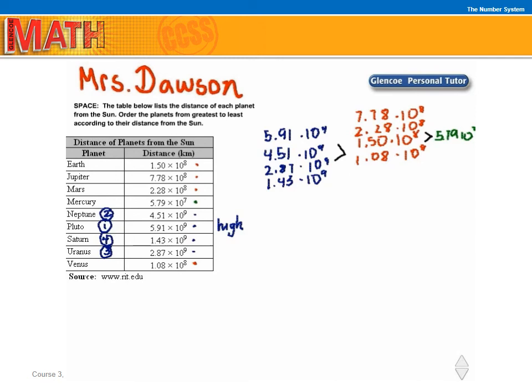Moving to the next 4 in order, Jupiter, number 5, Mars, number 6, Earth, number 7, Venus, number 8, and finally Mercury, number 9.